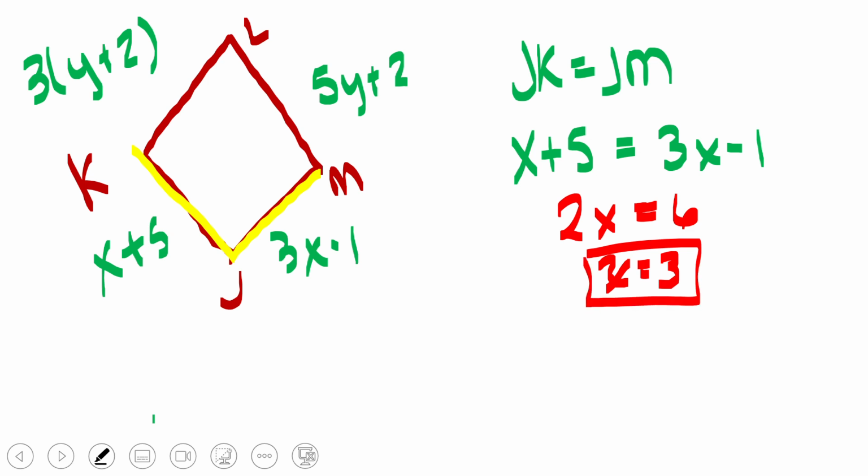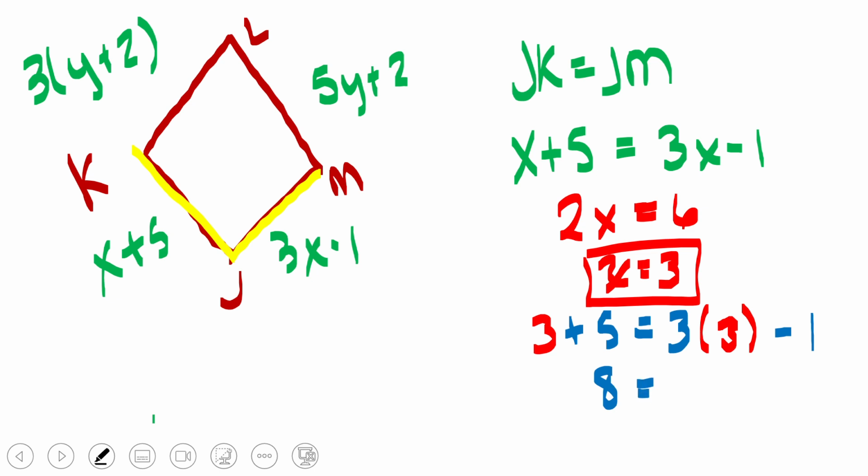Okay, substituting back in, 3 plus 5 equals 3 times 3 minus 1. Let's see what we get here. We get 8 equals 9 minus 1, which is 8. So we solved that JK is indeed equal to JM.